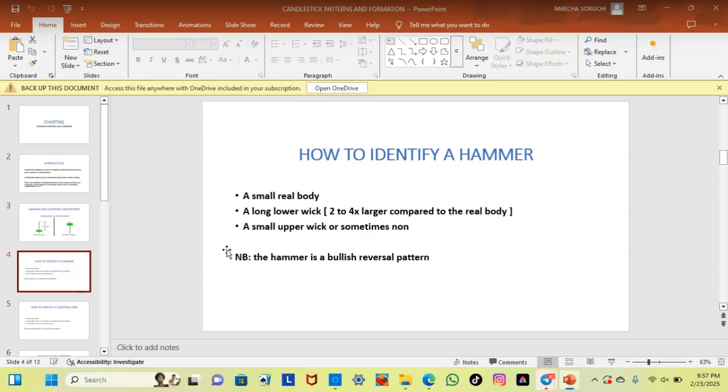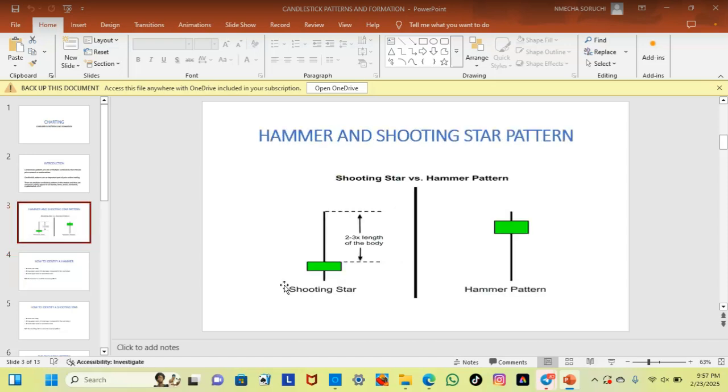If you watch carefully, you can see the upper wick here is small, but sometimes there will be no wick at all. So that is how you identify a hammer pattern.